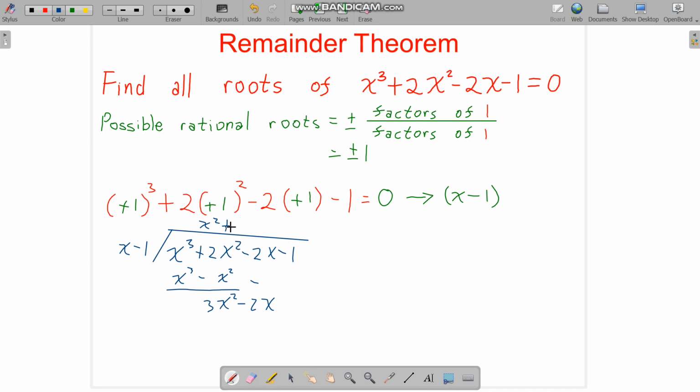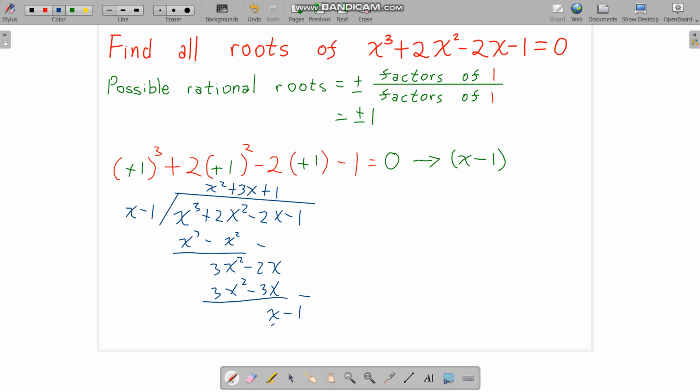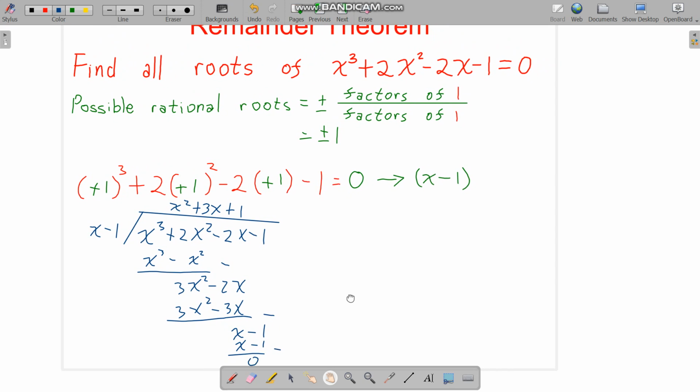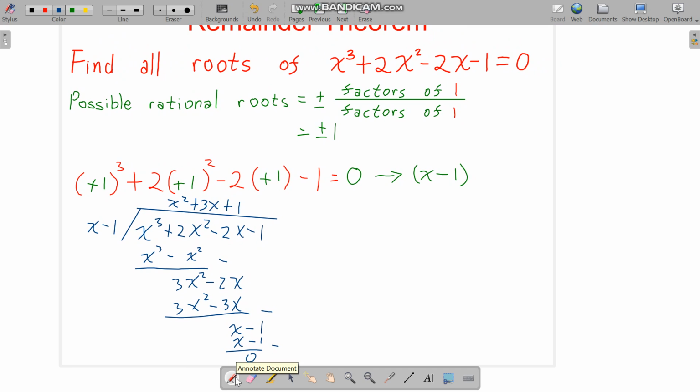We have plus 3x squared minus 3x. Subtract, we get x minus 1, so plus 1 then. Yeah, of course, if we continue, this is x minus 1, subtract, 0. So now that we have the quadratic, which is not factorizable, we can use the quadratic formula.